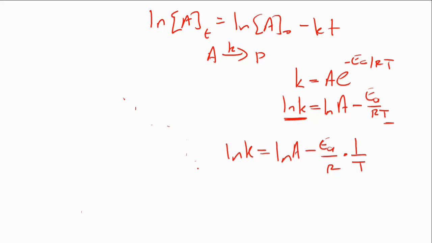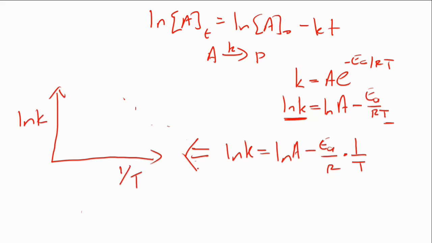Now what this tells you is that if you are given some rate constant values, then all you have to do is a plot like this one. Plot ln of the rate constant values versus 1 over T. And clearly, what you will have is a line with a negative slope.